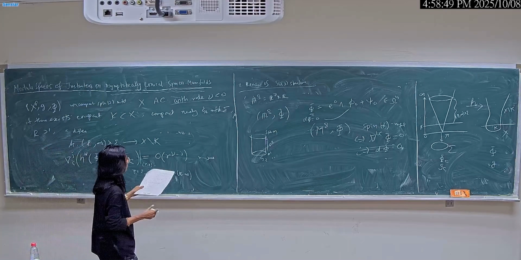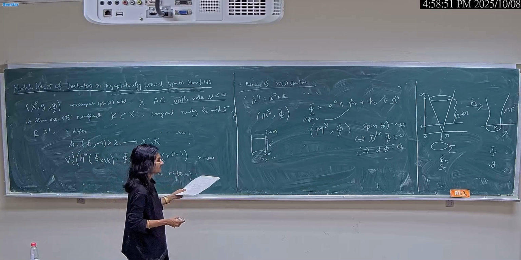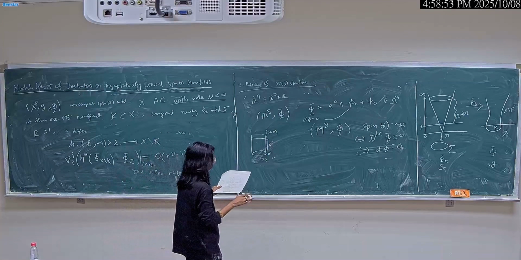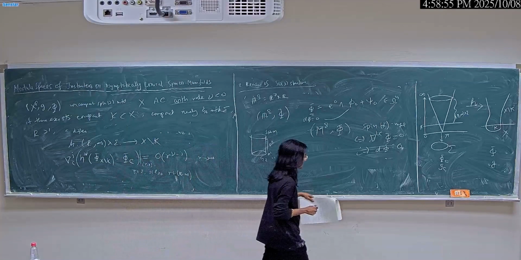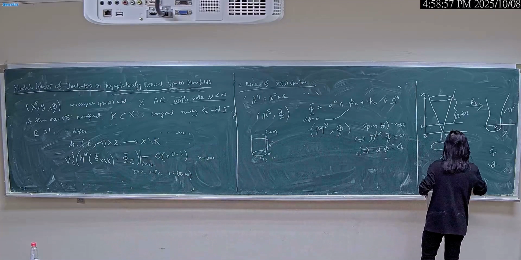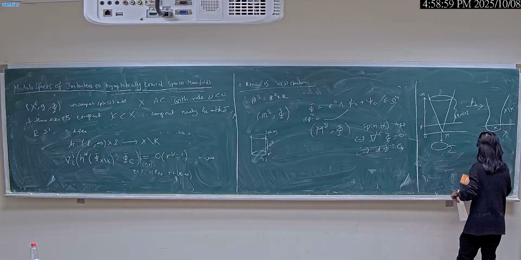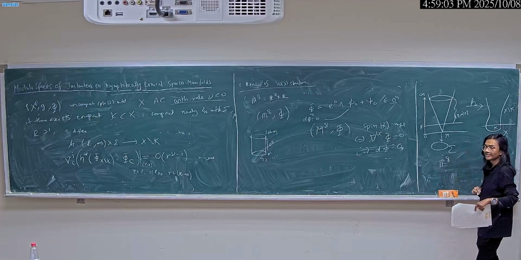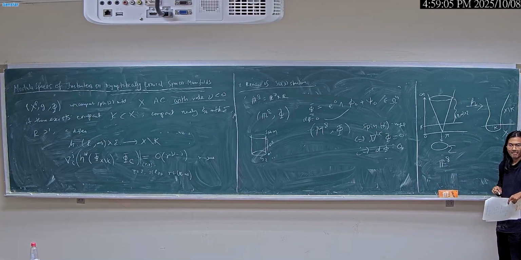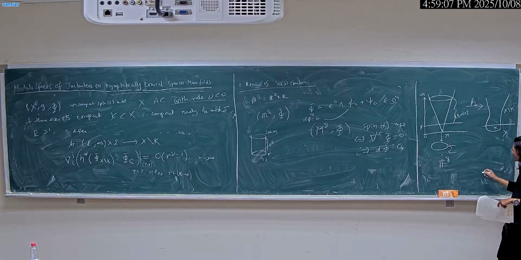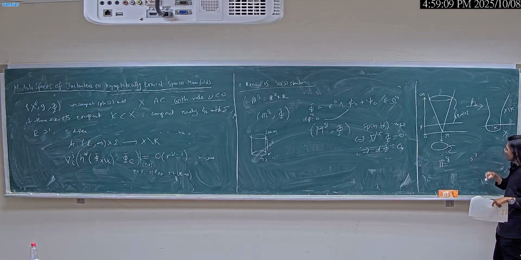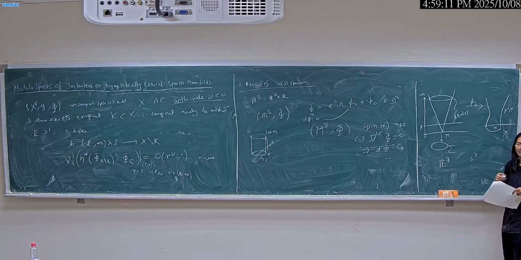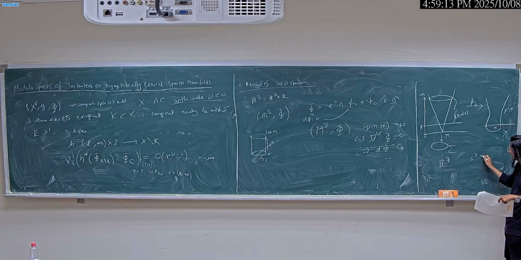Okay, so what are the examples? The easiest example, which I'm going to write down right now, is R8. You start with the round 7-sphere.